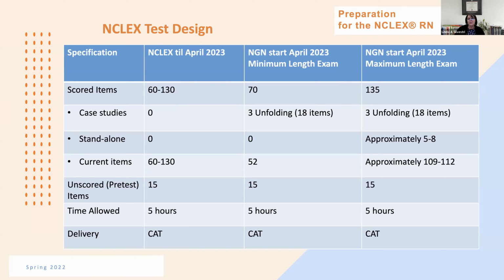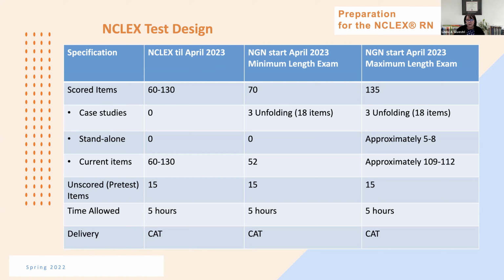You do not know which questions are the pre-test unscored questions. They will show up in the first 75, but you're not going to know which ones they are, because if you knew they didn't count, then you probably wouldn't spend such involved time on them.